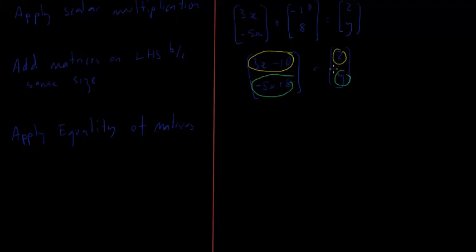So what we can do then is write a couple of different equations. Equation 1 is going to be 3x minus 10 will be equal to 2, and then equation 2 is going to be negative 5x plus 8 is equal to y.